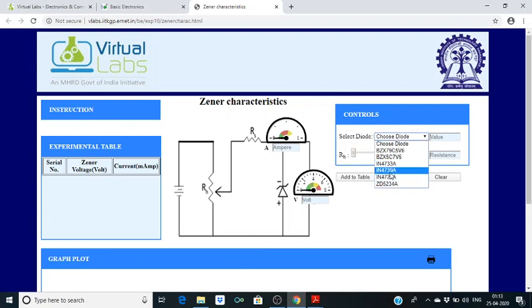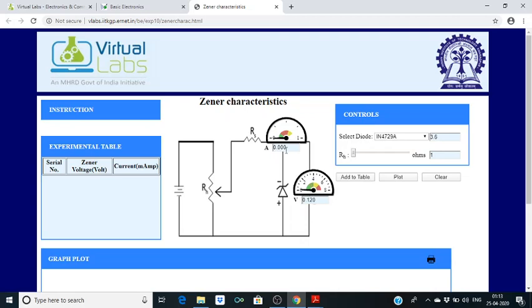Suppose we have chosen this one, and now we will change this resistor value, so accordingly the input voltage will change. So first we will set it to 1.